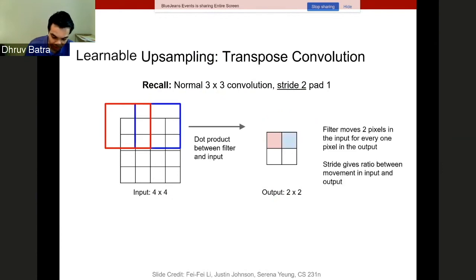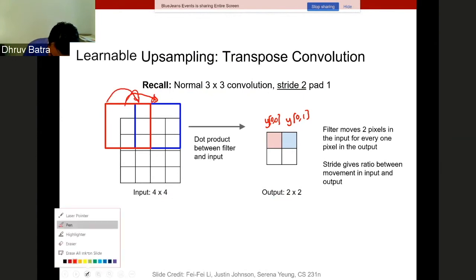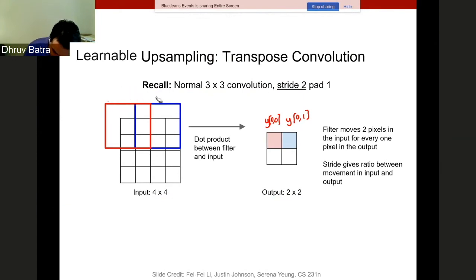And because of the stride, the y0,0 and the y0,1 means that you skip pixels on the input. So we are now placing this filter on the input from here to here. Okay. All right. So far, so good.